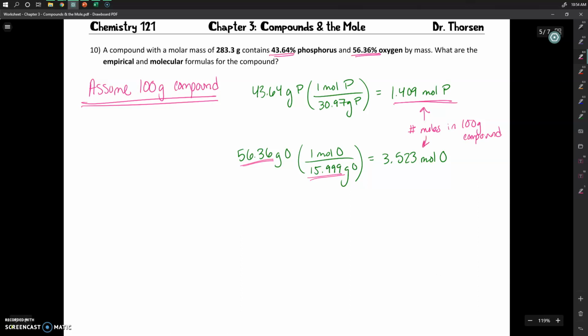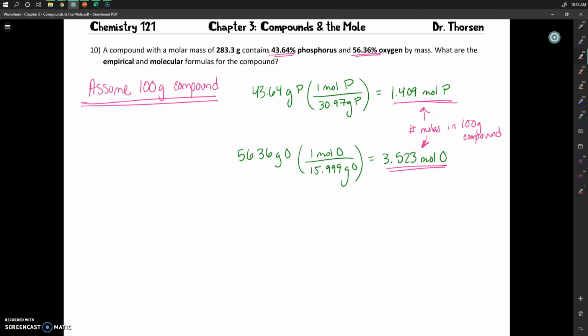Again, the value we're getting here at the end is the number of moles of that element in 100 grams of the compound. Now notice, in order for us to compare the number of moles of each of these elements, they have to be the number of moles in the same total amount of compound. You can't compare moles if you have different amounts of the compound.